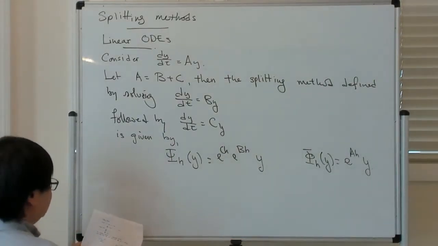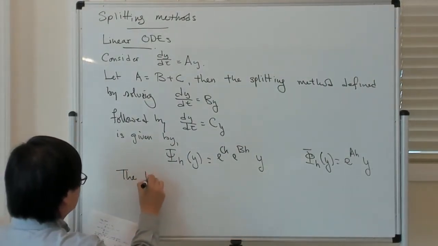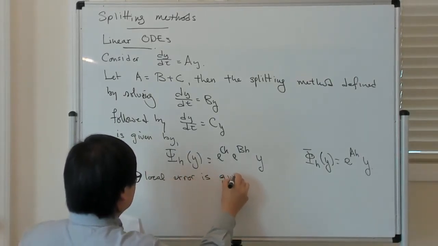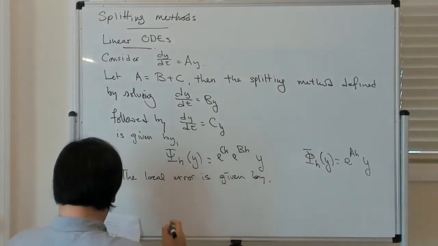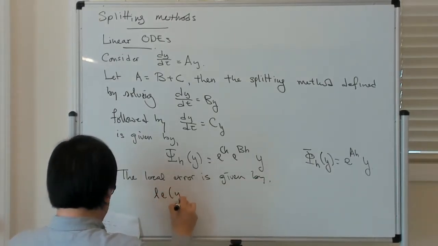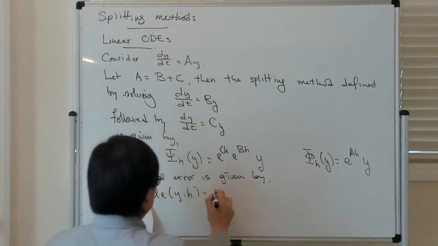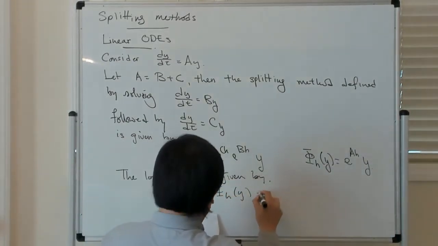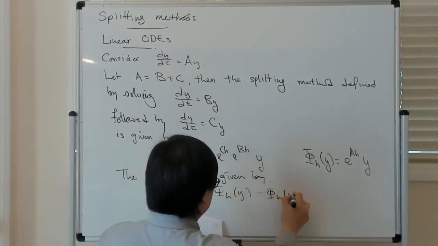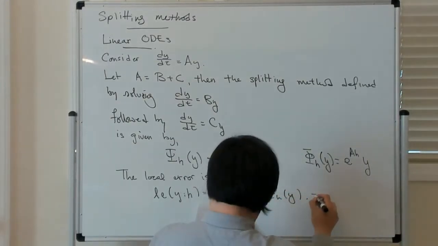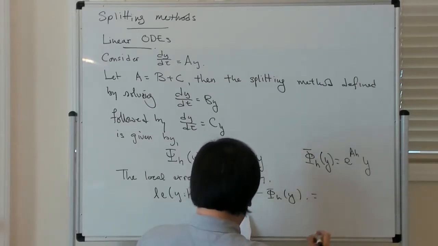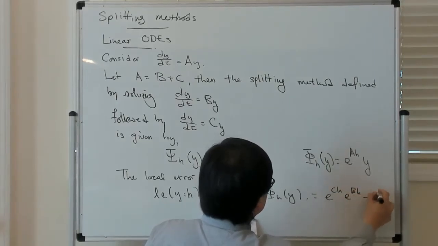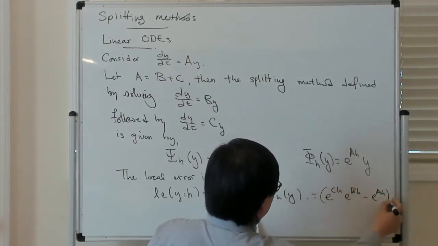All right, so the local error is given by the following, right? So the local error is the numerical method applied to the initial condition y minus the exact flow applied to the initial condition y, which is of course nothing more than e to the Ch, e to the Bh minus e to the Ah, whole thing applied to y.